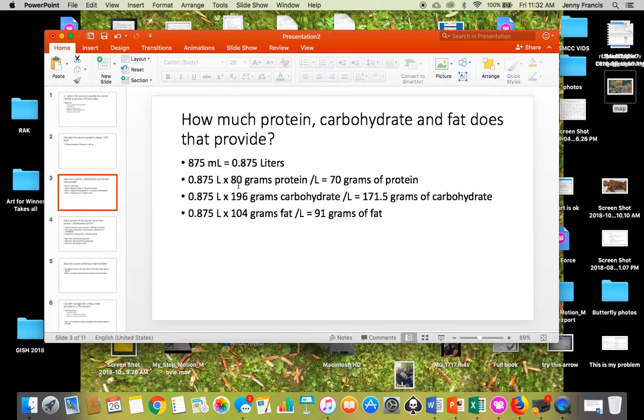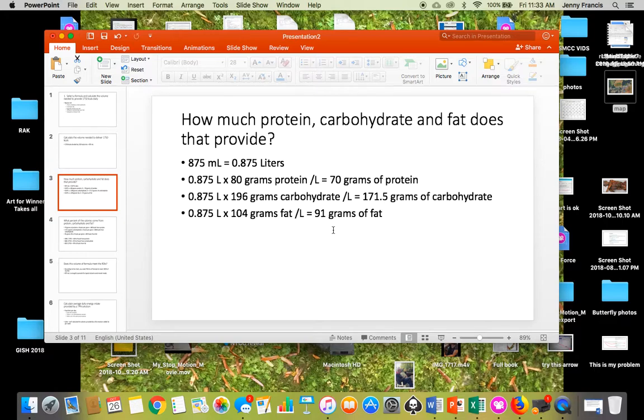Again, you get this information from the chart, so make sure that you're using this information for the specific formula that you are using, not for Nutren, which is what I'm using. Okay, so now we know how many grams of protein, carbohydrate, and fat are provided in the amount of formula that you are going to be giving this patient.